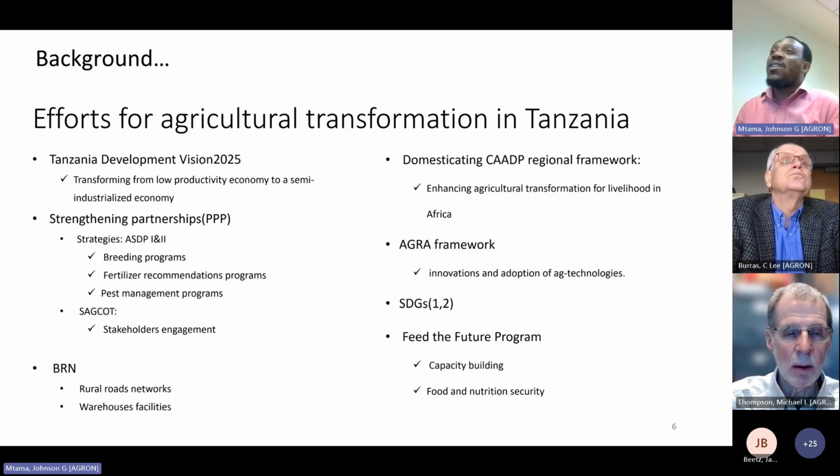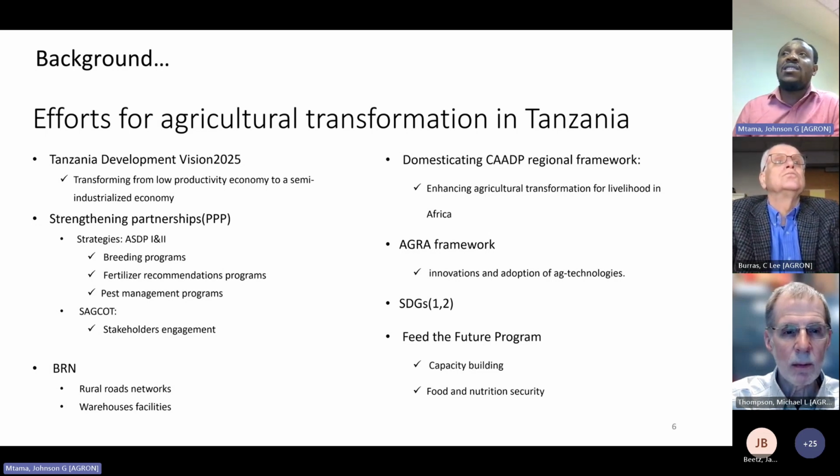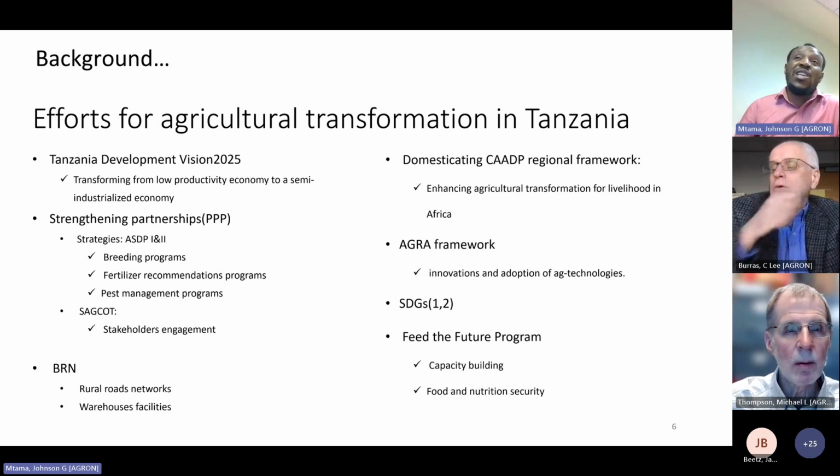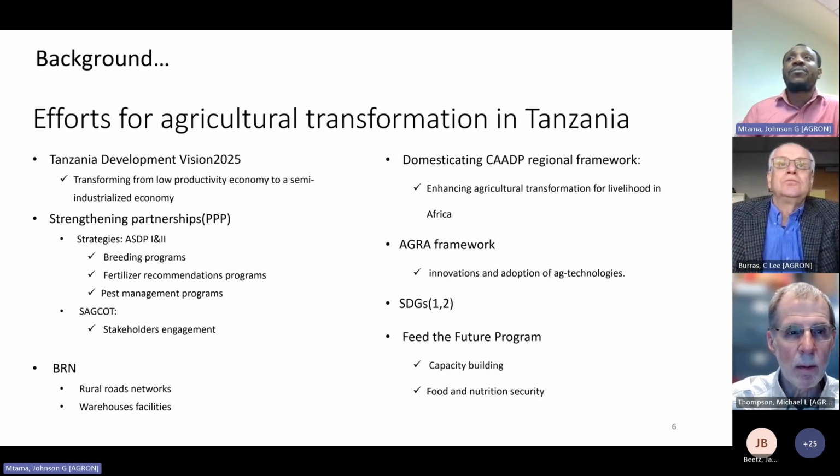So they work very closely with the Agricultural Research Institute, the National Research Centers, as well as the International Research Centers, where the scientists write proposals to address different challenges affecting the agricultural sector in the country, and those proposals that are found sound and relevant to the prevailing conditions have been receiving funding from AGRA. This initiative has really helped Tanzania in the release of so many maize varieties, as well as all those kinds of fertilizer recommendations I've been speaking about, which are suitable for different agroecologies in the country.